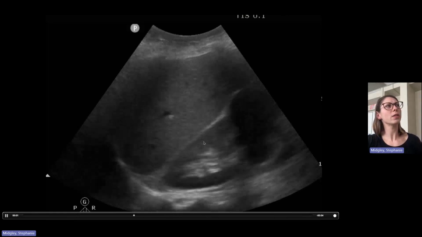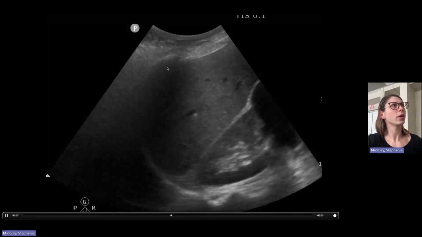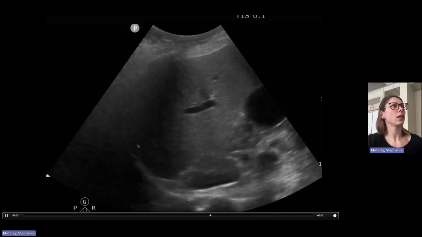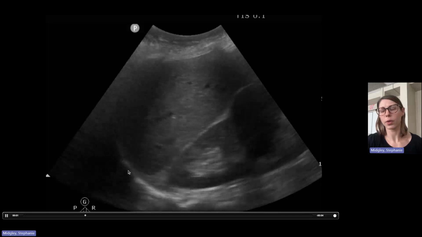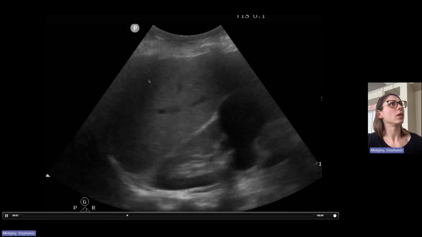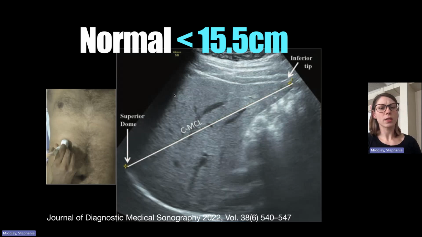Should be about similar to the kidney, maybe just a touch brighter. It should have a pretty smooth capsule. The walls of the vessels should be pretty bright and easy to define, as well as the diaphragm. And this is going to be important when we talk about fatty liver disease. And the liver itself should be pretty smooth in contour. When it comes to size, if you measure it along the midclavicular line, from the superior dome to the tip, you're just going to find the longest diameter. It should be less than 15.5 centimeters.